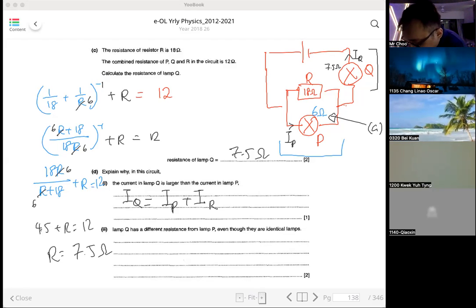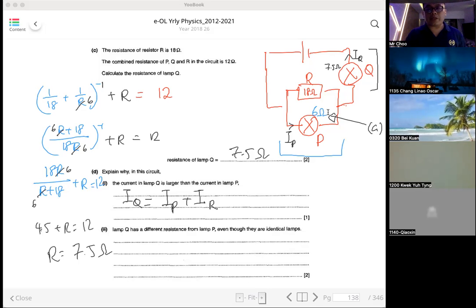Okay, let me explain part 2 to you. Since these two lamps are identical, by right, based on Ohm's law, they are both ohmic devices. They should have the same resistance. But what's happening here? Why is it that Q has a higher resistance now?